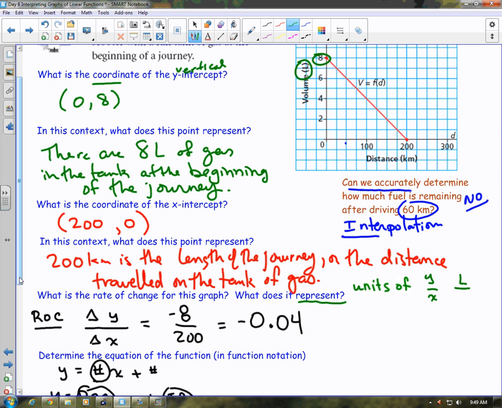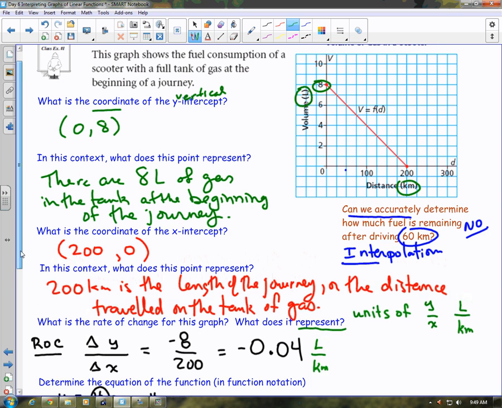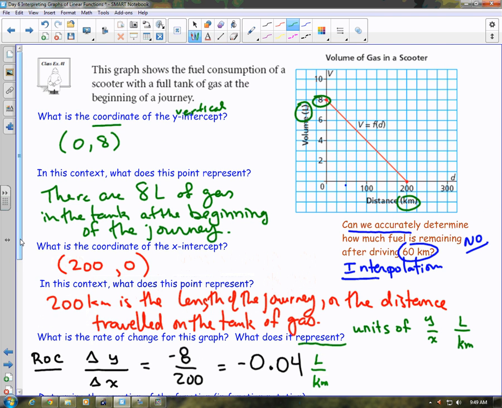And what are the units of x? The units of x are kilometers. So this stands for 0.04 liters per kilometer. So what do you suppose it's talking about, considering the story? The story here was volume of gas in a scooter.